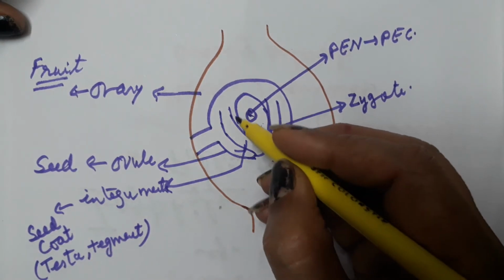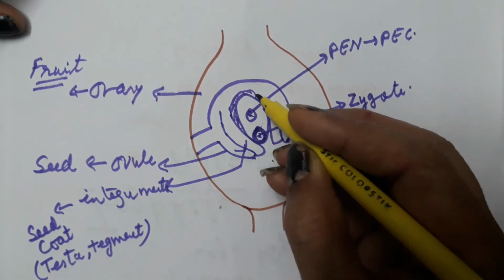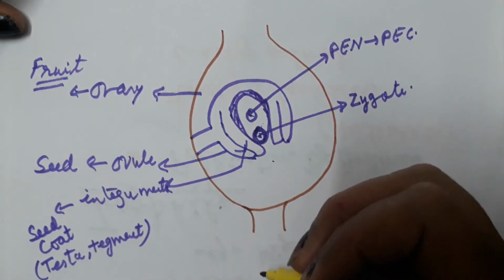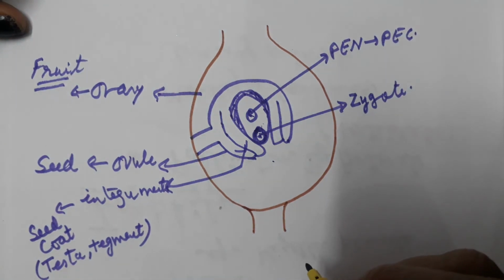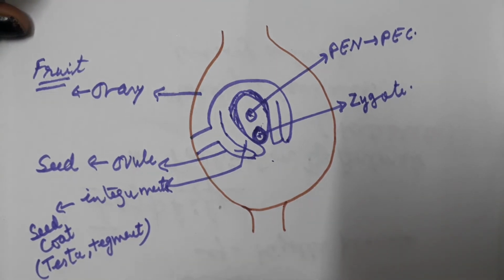Outside this embryo sac there is present nucellus. When the ovule changes into seed, in some cases nucellus is completely consumed, but in some cases when ovule changes into seed, a layer of persistent nucellus is present.